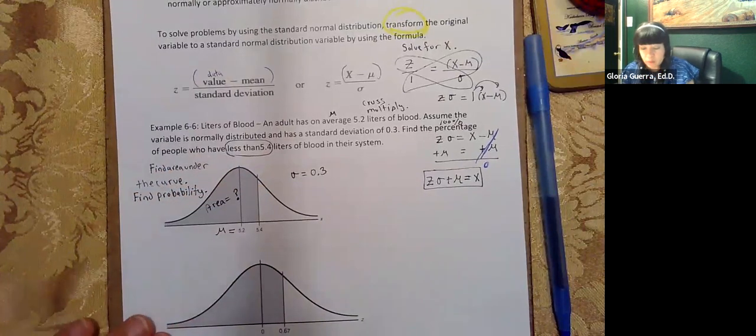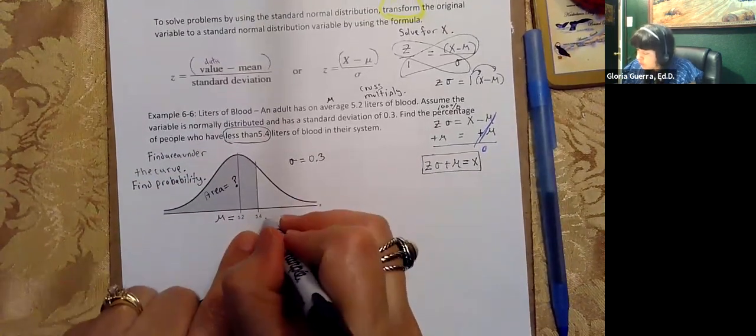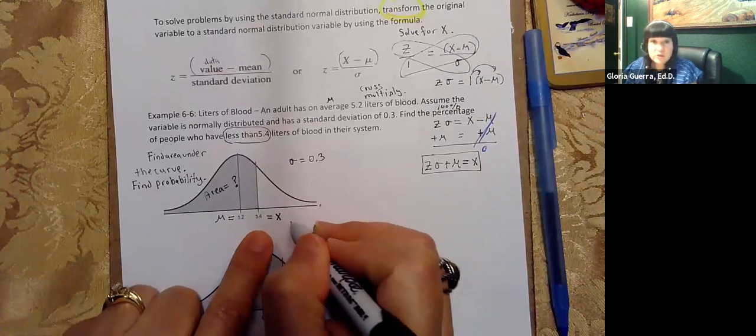Okay. All right. So notice here also this 5.4. This is called X in this section here.